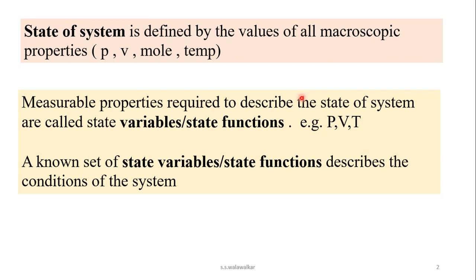The measurable or macroscopic properties which are required to describe the state of a system are called state variables or state functions. For example, pressure, volume, temperature, all these are state functions. And a known set of these state variables describes or defines the condition of the system.